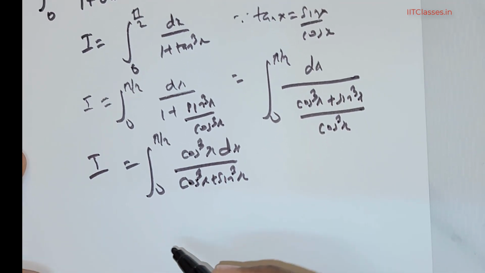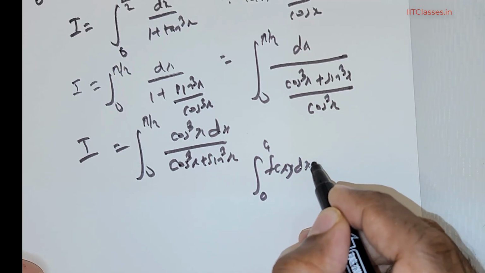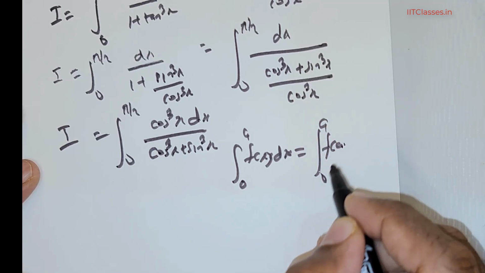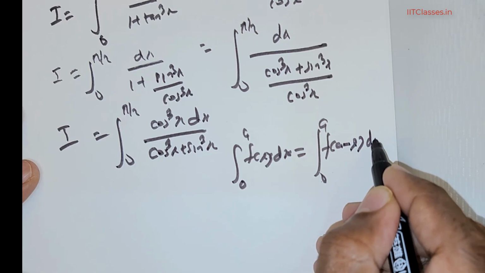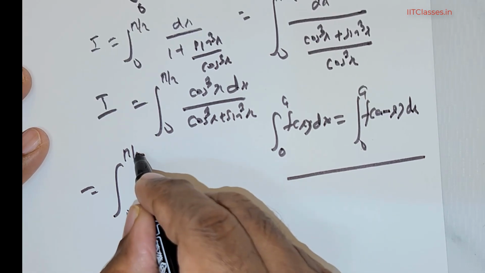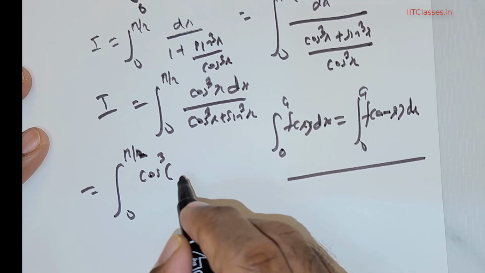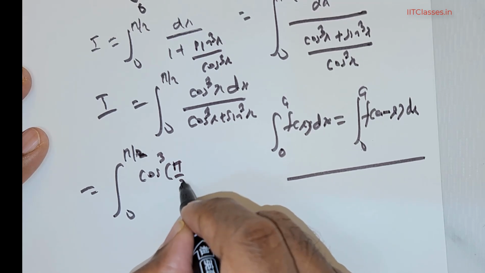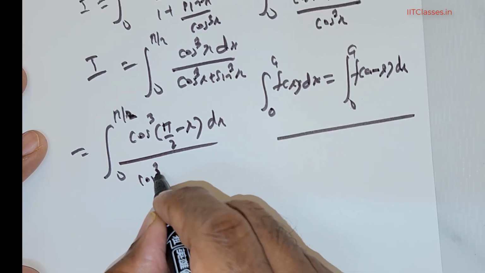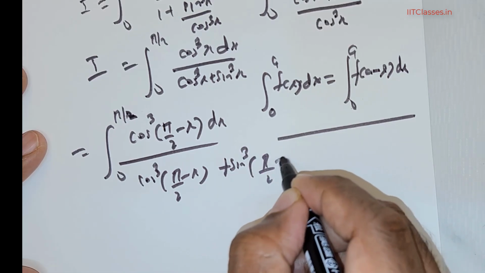This is my I. Now we know a property: the integral from 0 to a of f of x dx is equal to the integral from 0 to a of f of (a minus x) dx. So by this property, I can rewrite this as the integral from 0 to pi over 2 of cos cubed of (pi over 2 minus x) dx divided by cos cubed of (pi over 2 minus x) plus sin cubed of (pi over 2 minus x).